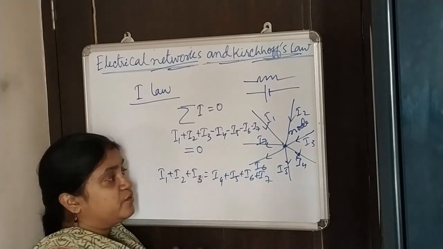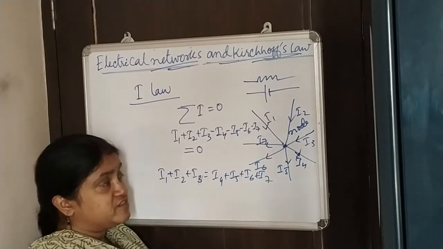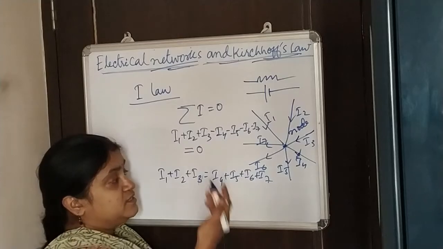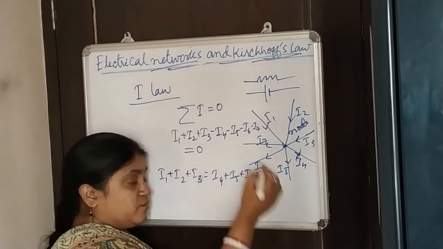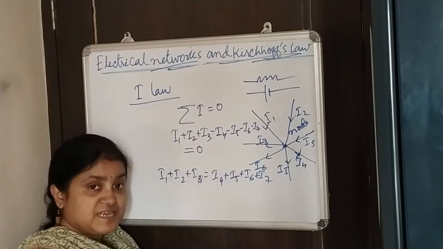So this is another point that we can draw as a conclusion from Kirchhoff's first law, or in some places this itself is referred to as the law: the sum of all the currents entering the junction and the sum of all the currents leaving the junction are the same.